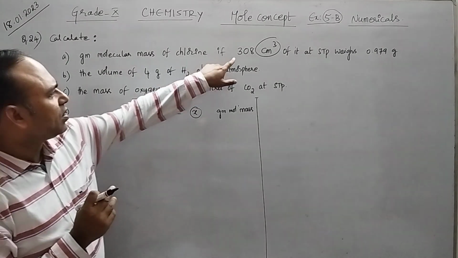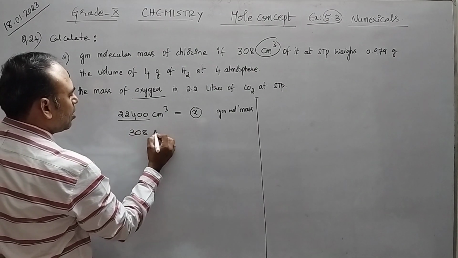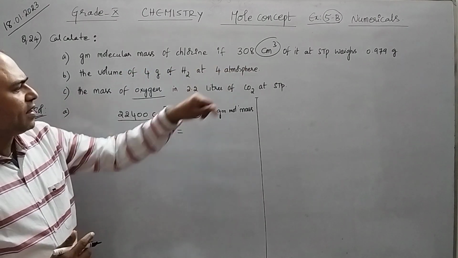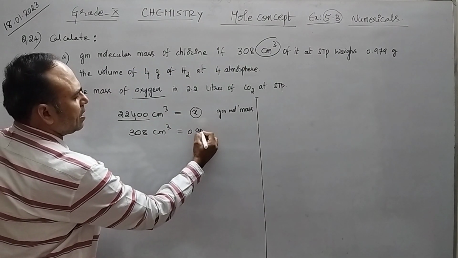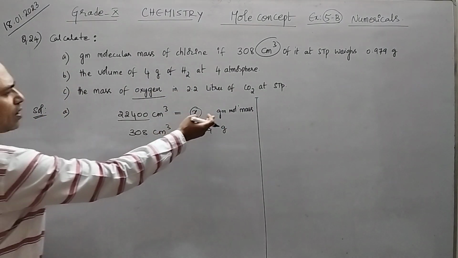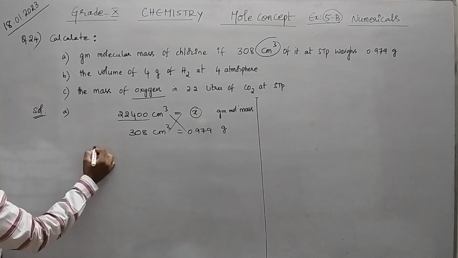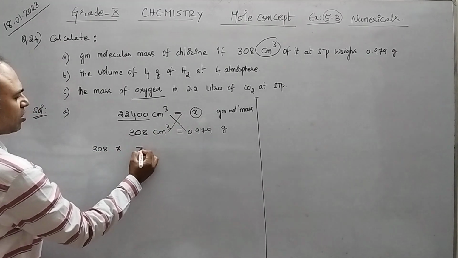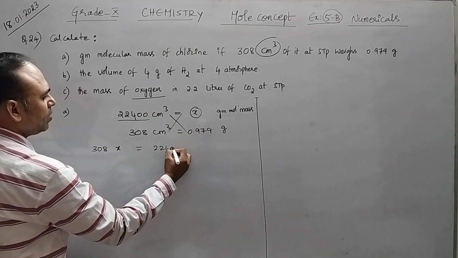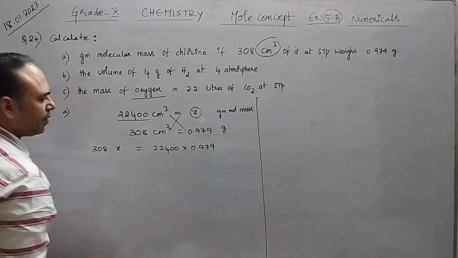Now the question is, what about 308 centimeter cube? So if you consider 308 centimeter cube of chlorine, it has a mass of 0.979 grams. Fine. So we have understood this. So gram molecular mass if we can consider in grams. How to calculate X here? Now we know that on cross multiplication 308X is equivalent to 22,400 into 0.979.